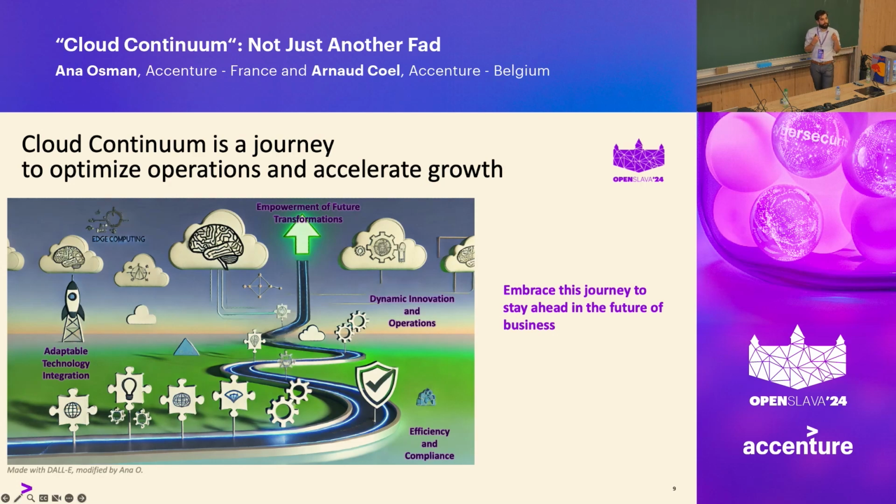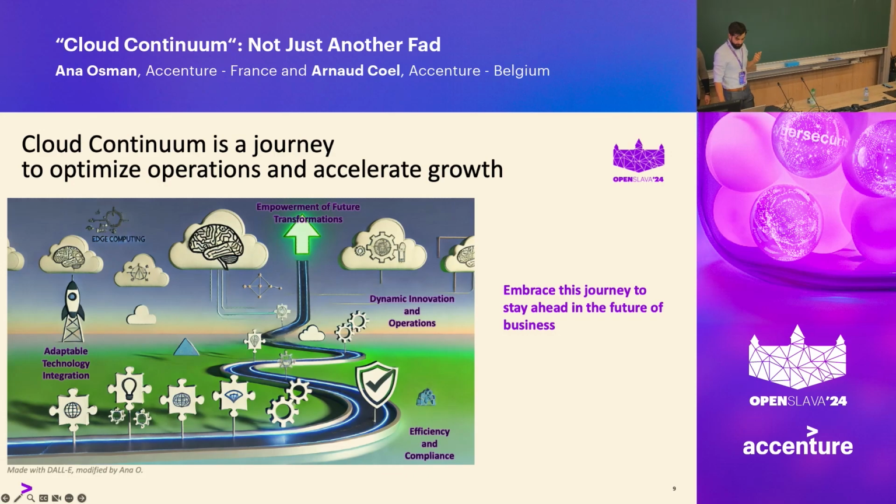You'll be able to achieve compliance with your organizational rules or even governmental rules much easier. You'll be able to innovate, operate easier, and in essence, you'll be able to empower your future transformations. And the key here is to embrace the journey so you can stay ahead and shape your business.